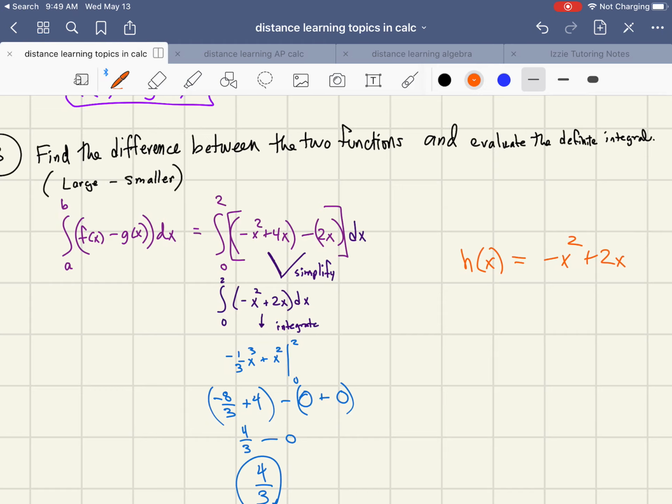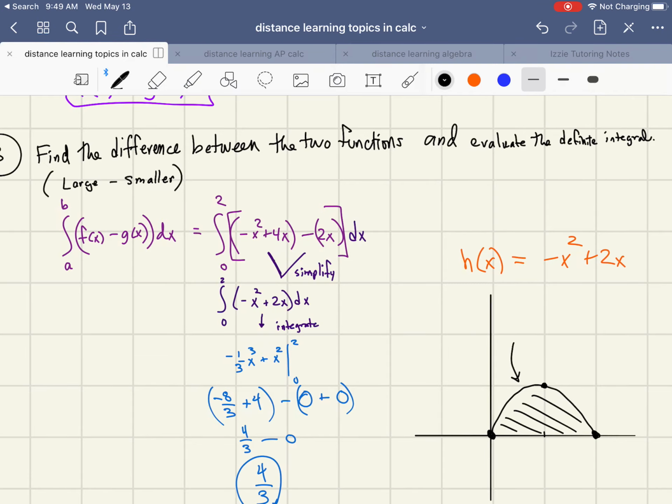If I were to graph that function, I have a y-intercept of 0. I have roots of 0 and 2. And when I plug in 1, I believe I get out 1. So basically, over that same interval, I'm now just finding the area of this function.